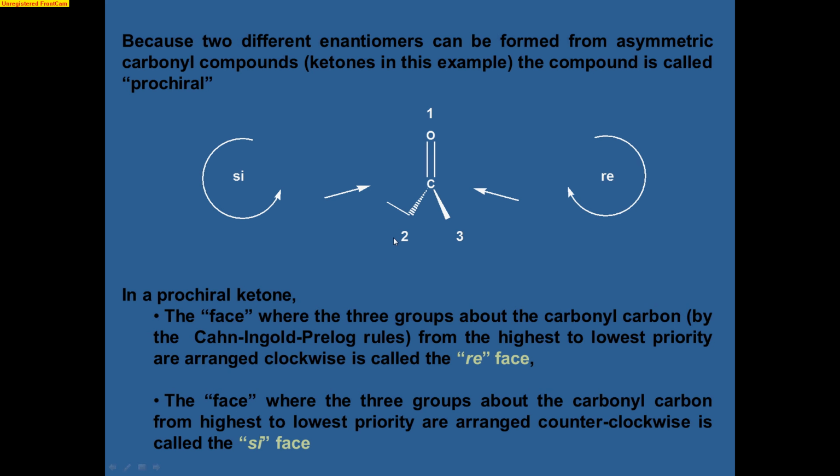The appropriate terminology for this is the Si face and the Re face. Again, I don't really want to go into the detail of this, but if it approaches from the Si face, it'll give you one enantiomer. If it approaches from the Re face, it'll give you a different enantiomer, i.e. the Re face will give you the R, the Si face will give you the S.